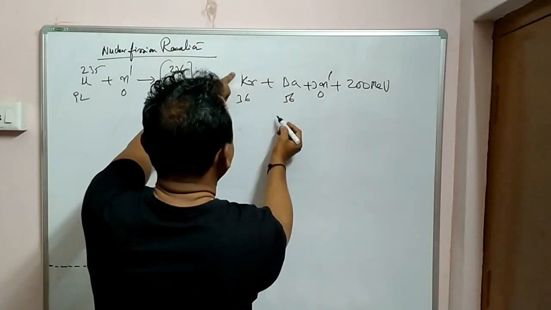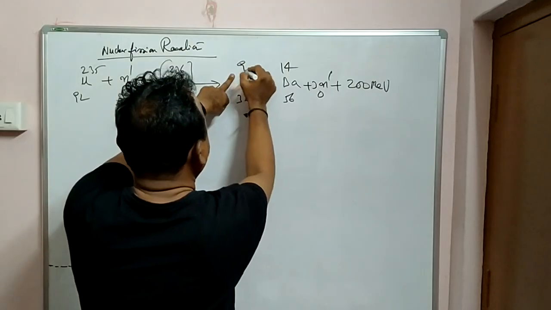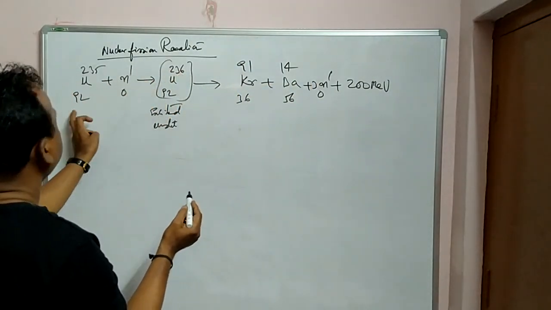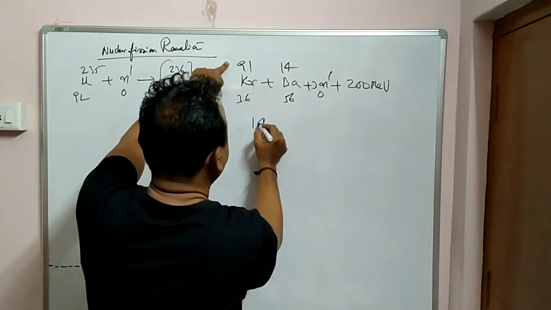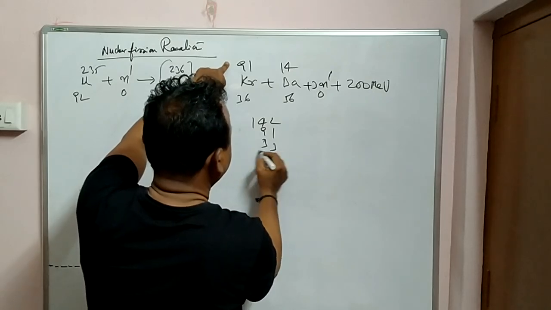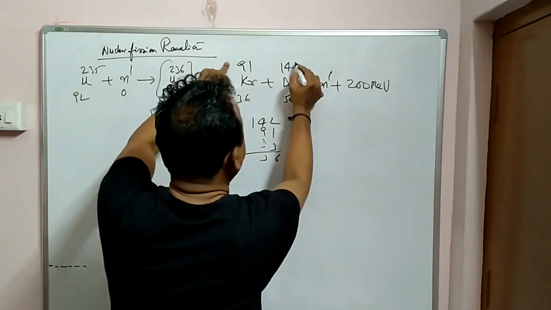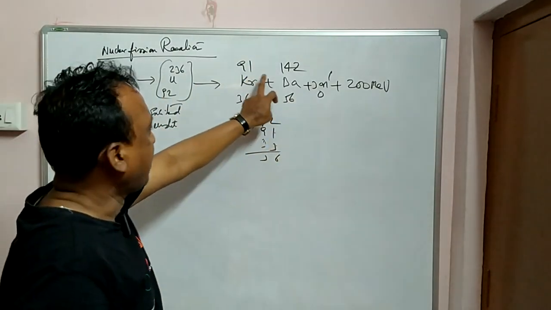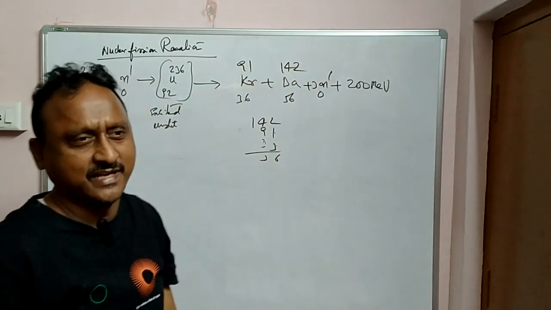You can balance the equation. Barium 56, 140, krypton 91 if you take, balance here 236 కదా, 236 రావాలి మనకి 91. Suppose if you take 142, 91, 3 neutrons, 4, 5, 6, సరిపోయింది. Okay, I'll take 142. So barium 142, 56, krypton 36, 91 plus 3 neutrons and 200 MeV is released.